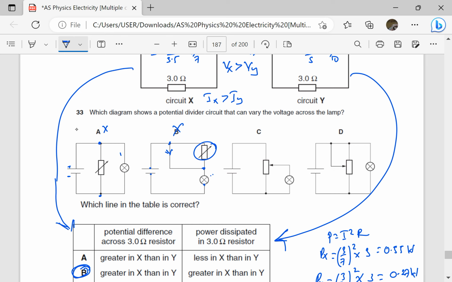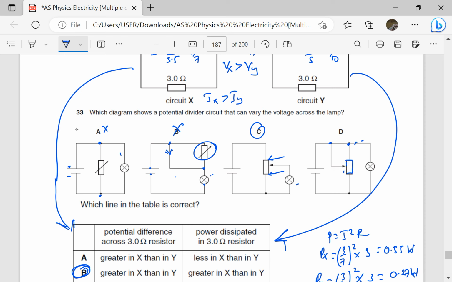Then I think the answer is C, because as we move the contact to this point, the PD across the lamp changes, and may go to 0. If we move to this one, the PD across the lamp may go to a certain maximum value. So the answer is C. This one is equivalent to this one, because even if you move the contact, the potential here is the same as the potential here, and the current will not take this route when there is a resistor here.